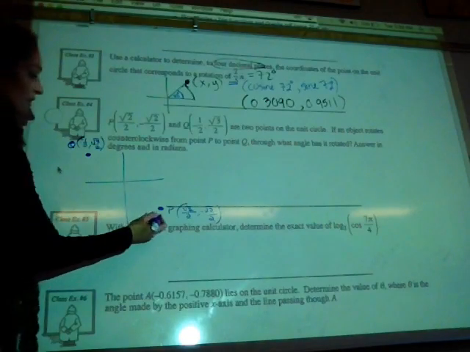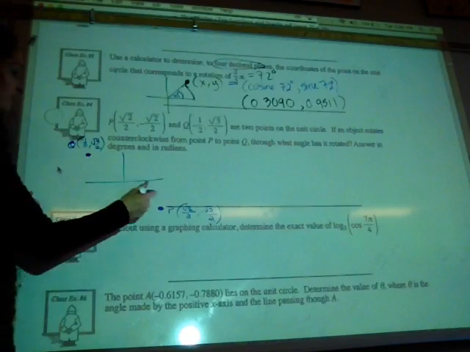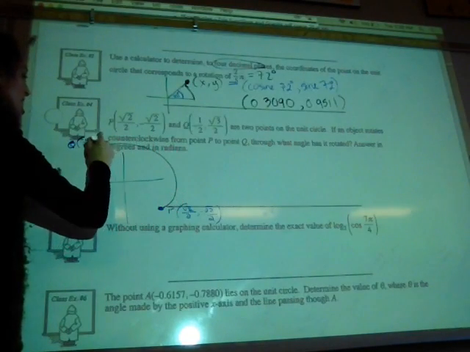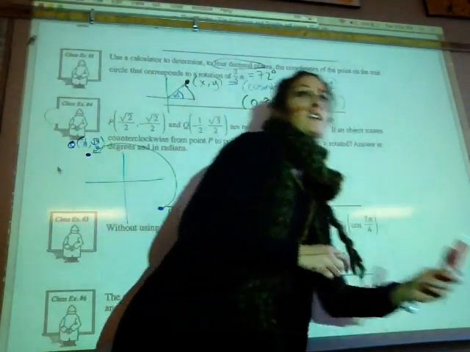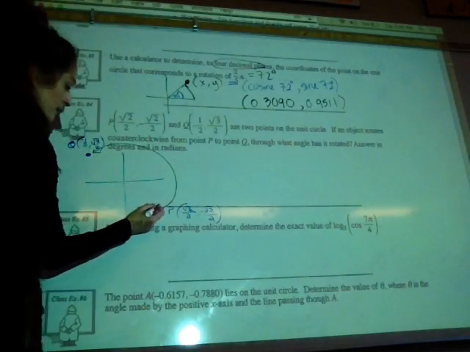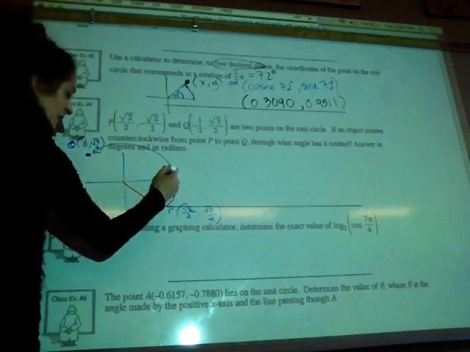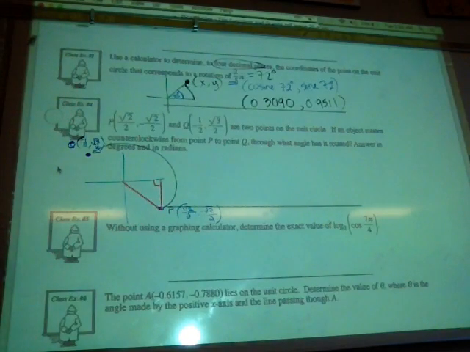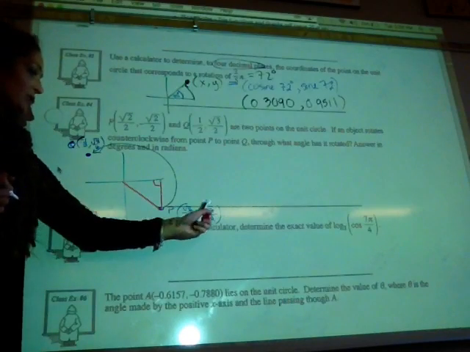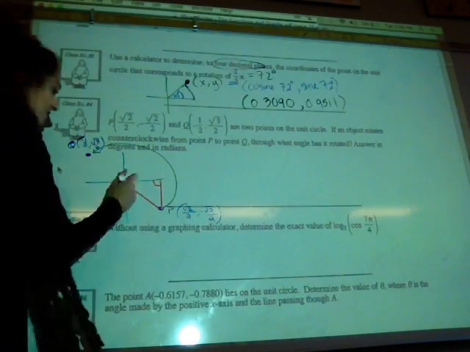Okay, so going counterclockwise, we need to figure out what is the angle that rotates from P to Q, counterclockwise. So what you're going to do is you're going to create a terminal arm going from the point P to the origin. And then you're going to connect to the x-axis and make a little triangle. If you have an ordered pair of root 2 over 2, root 2 over 2, what is your reference angle? 45, good.